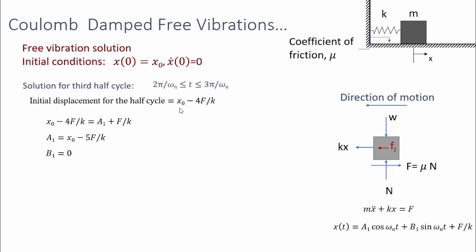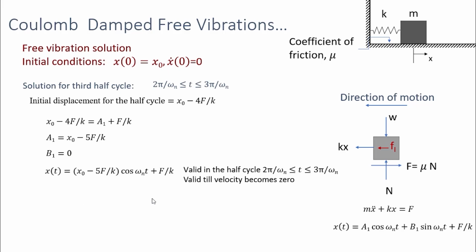So substituting the initial displacement value in this when t is equal to 2 pi by omega n, we can calculate the value of a1, and that will be equal to x naught minus 5f by k. And here also we can substitute the value of the velocity, which is equal to 0. We can differentiate this and substitute the value of velocity equal to 0. That will give us the value of v1, and which is again equal to 0.